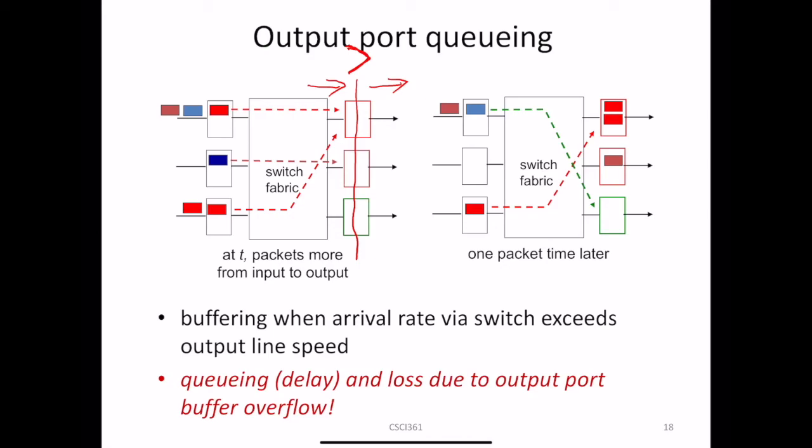Then the packets or datagrams will be temporarily stored on the buffer of this output port. If the buffer gets filled up, the packets can experience packet delay or packet loss due to the output port buffer overflow.